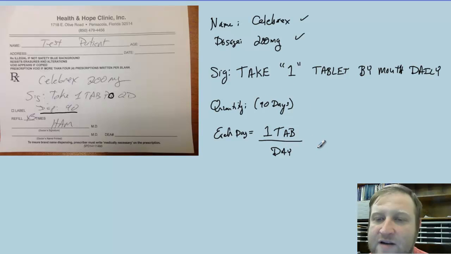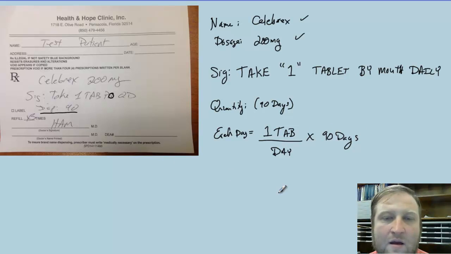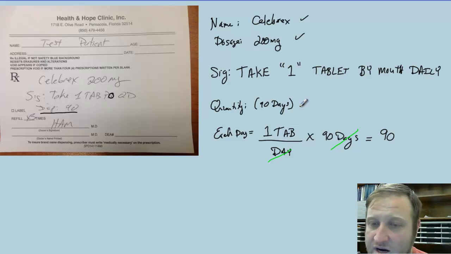And we're dosing for 90 days, so we multiply this times 90 days. And look over here. My units cancel, day cancels, and day cancels. So I get 1 times 90, and this gives me a value of 90 quantity. So my quantity here would equal 90. So in our EMR, when it asks for quantity, it's going to be a value of 90.